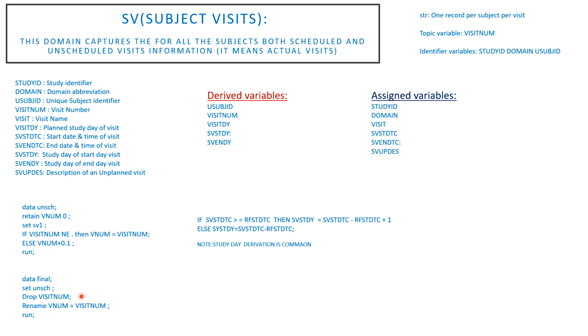For an unscheduled visit, visit day will be missing. The study day will be common, as I discussed earlier: if the SV start date is greater than or equal to RFSTDT, do minus and add plus 1; if less than, do minus.